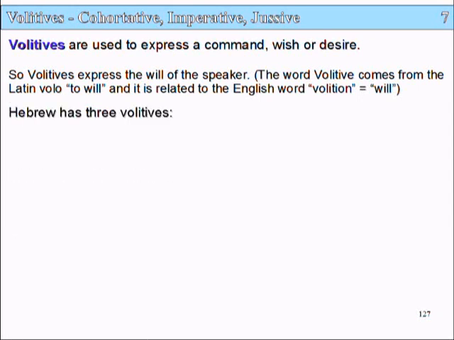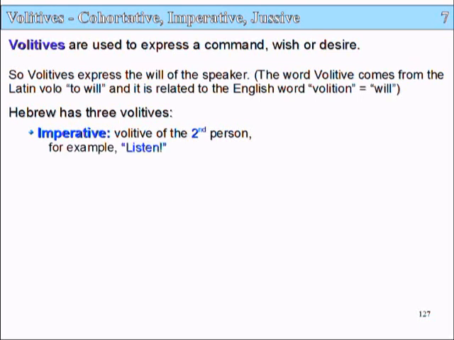Hebrew has three volitives. The first one, the imperative, is the volitive of the second person. For example, listen. This is when you are speaking to somebody else directly and you're telling them, you will listen. It's the second person, listen.